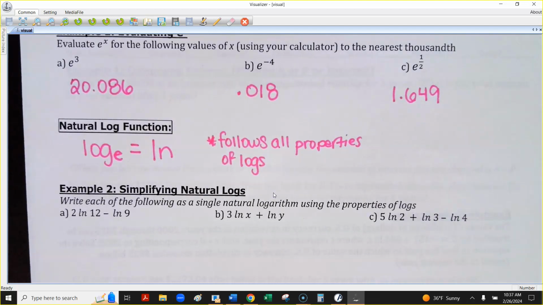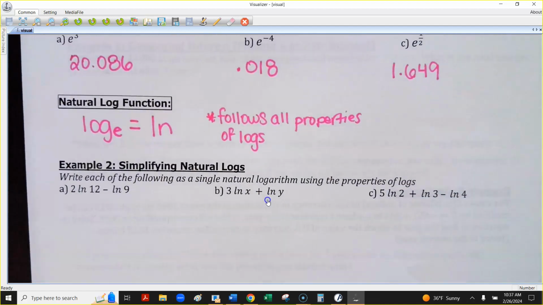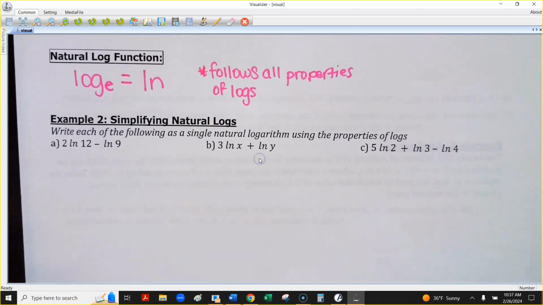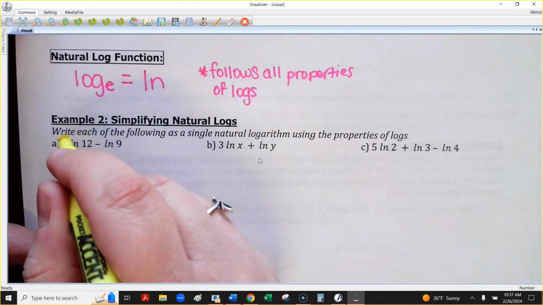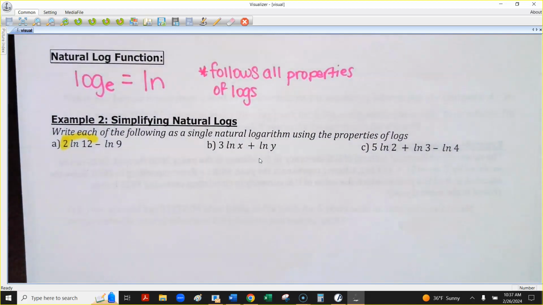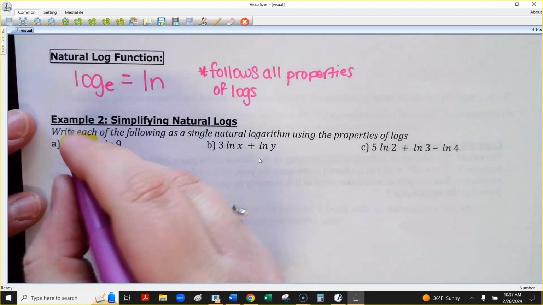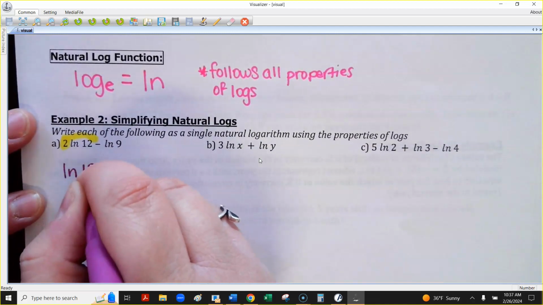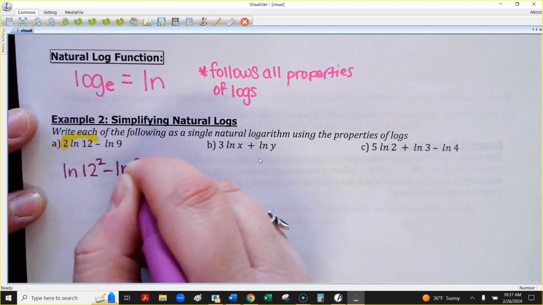So we're just going to review properties here real quick, just to write these as a single log. So instead of log, you're going to see the ln, but the properties work exactly the same. So if you see a number out in front, that can become an exponent on whatever follows. So this would be natural log 12 squared minus natural log of 9.